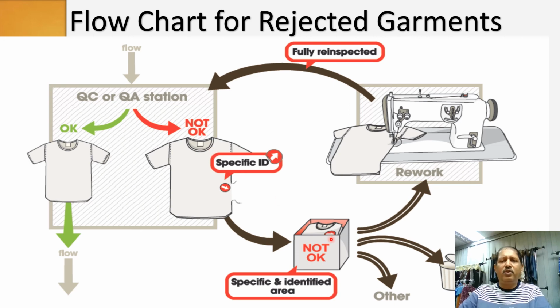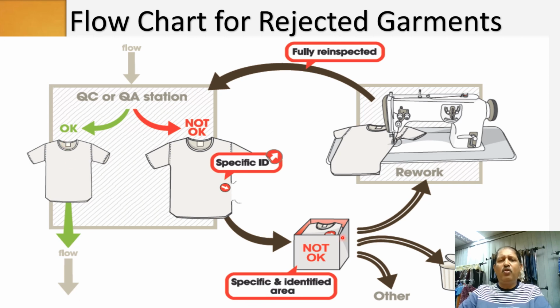Transfer it to a secured location, what we have seen, that red color basket, which is the not okay. And every garment over here is identified with specific defects, and then we just see whether this kind of defect can be repaired. If it can be repaired, rework those garments and pass them back to the QC station. If it is okay, it passes with the flow.